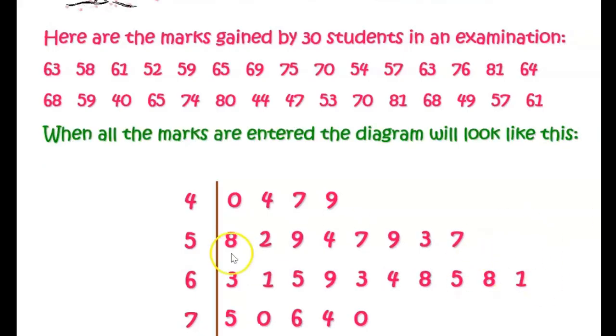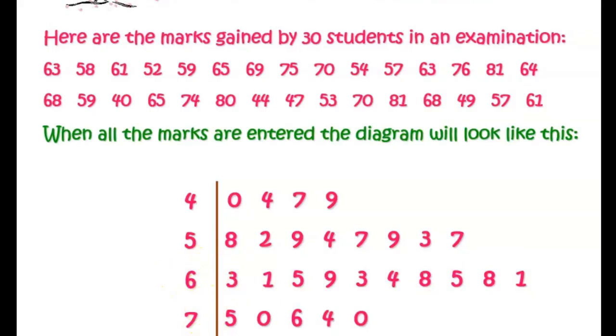Here you can see that it is not really arranged, but at least I've been able to represent each leaf by the given stem. Like under 6 we have 63, 61, 65, 69, and do we have any other 6? 68, and another 68. So I'm going to represent all that under the stem of 6.